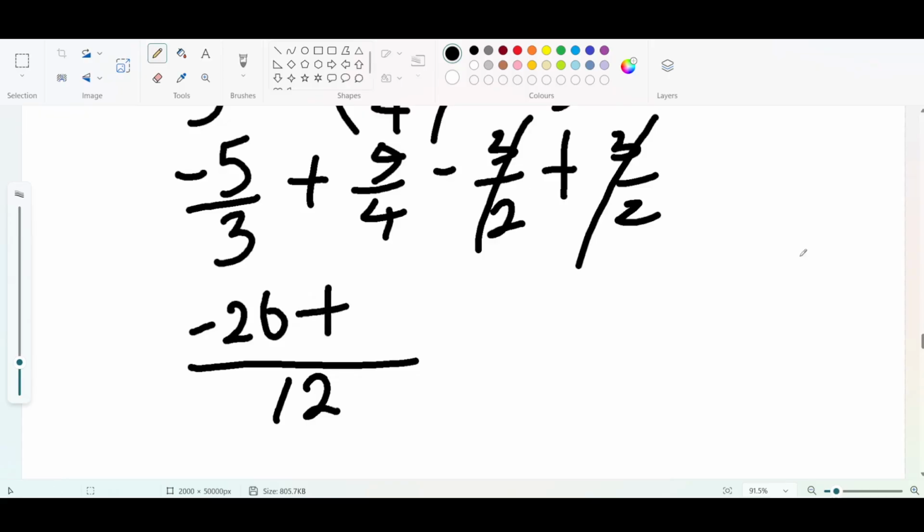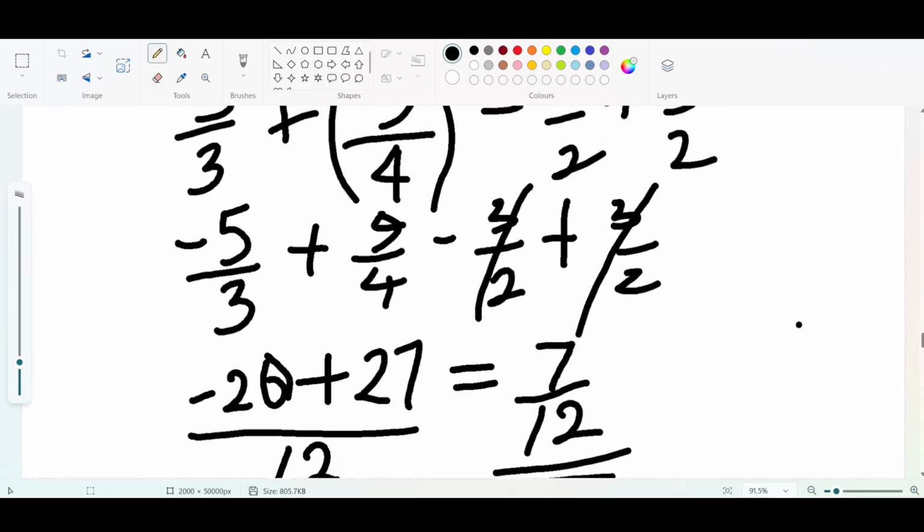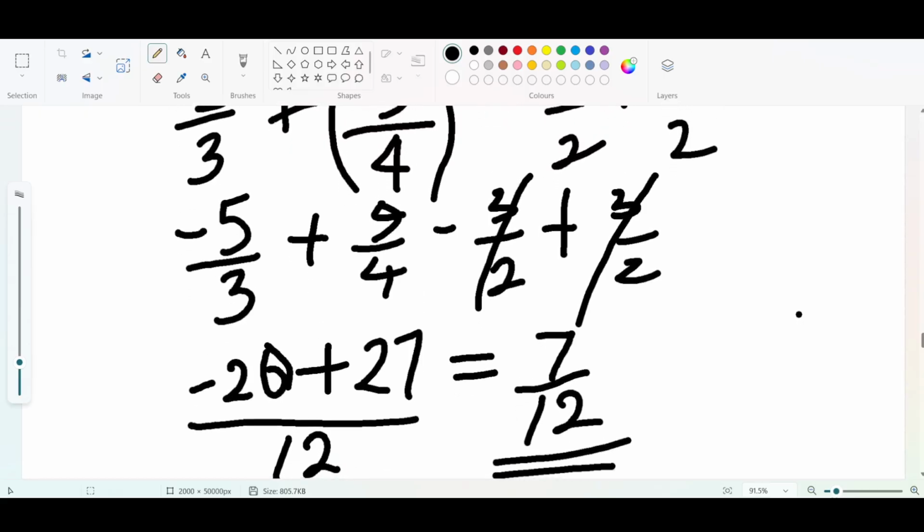Then plus, 4 in 12 is 3, and 3 times 9 is 27. So at this point, it's going to be minus 20 plus 27, that will be 7 all over 12. So the final answer is 7 all over 12. It's as easy as that. This is how we solve this problem.